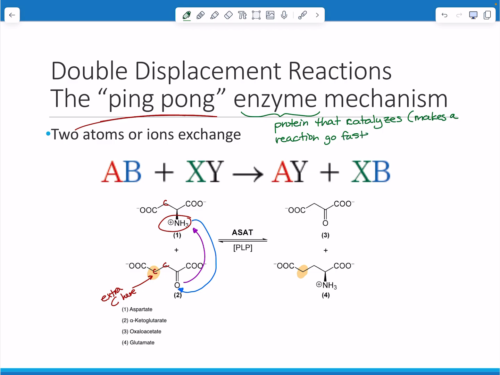In general, it controls the rate of a reaction.